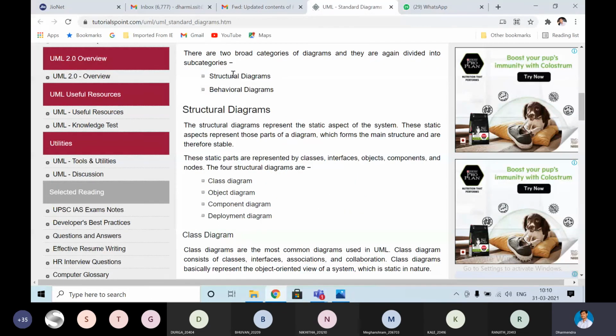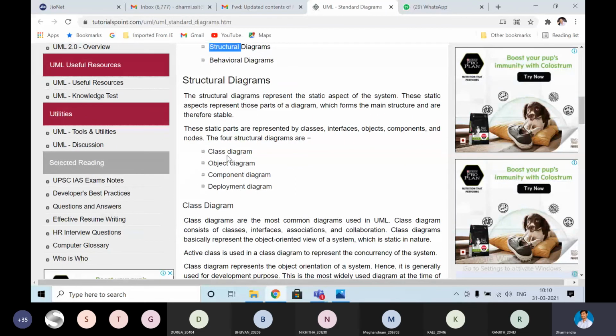Here we will be having two types of diagrams: structural diagrams and behavioral diagrams. The structural diagrams are four: class diagram, object diagram, component diagram and deployment diagram. You cannot understand this in a single statement.